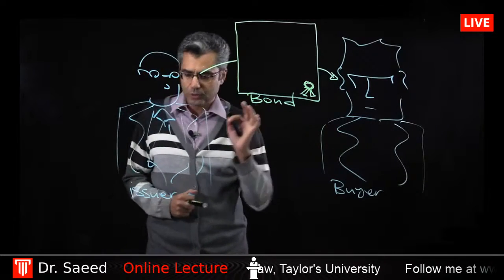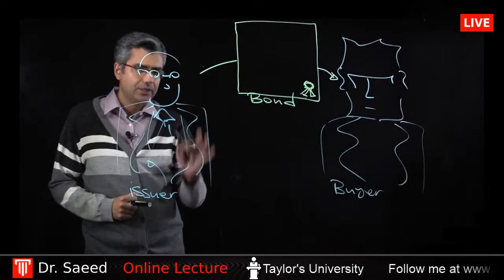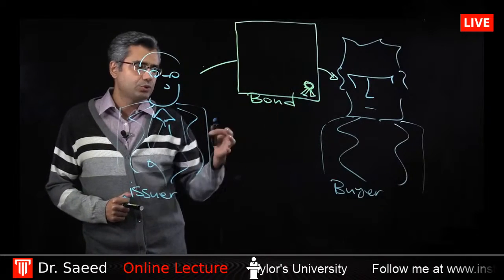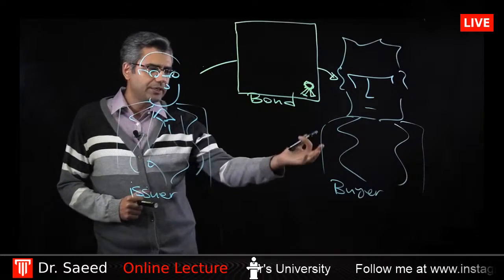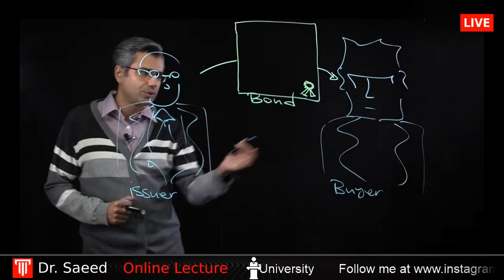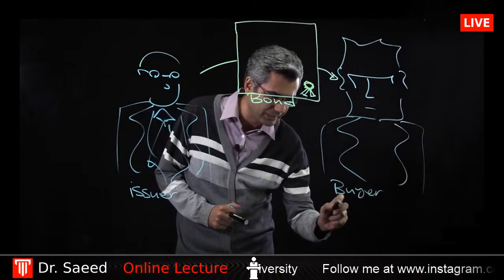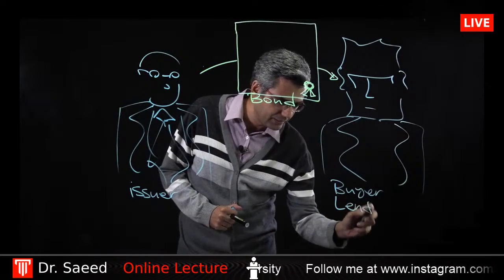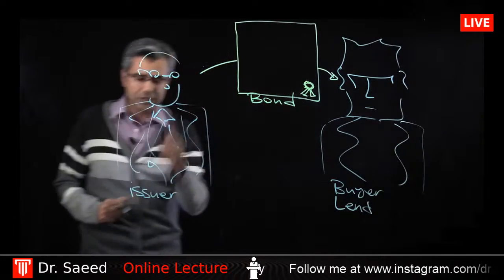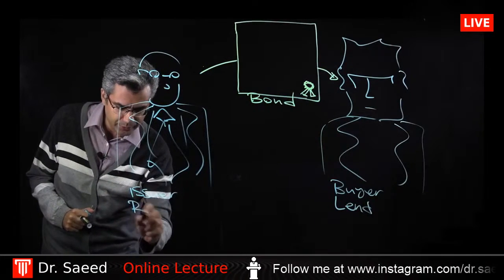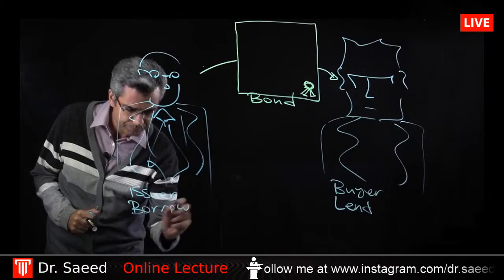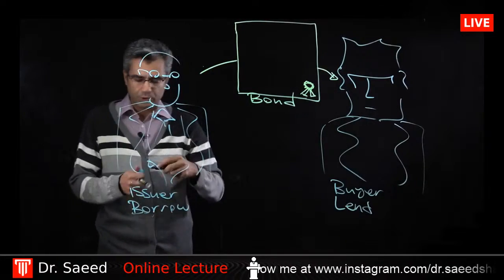The issuer issues the bonds to raise funds. The buyer buys the bond. In other words, the buyer is lending money. They lend money to the issuer, so the issuer is borrowing money.